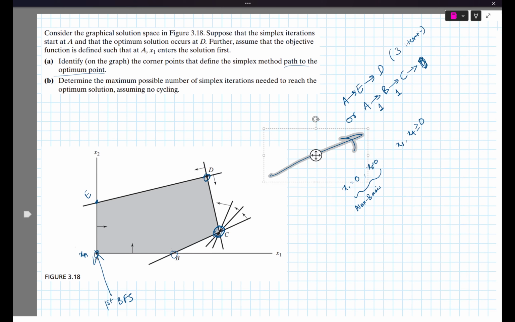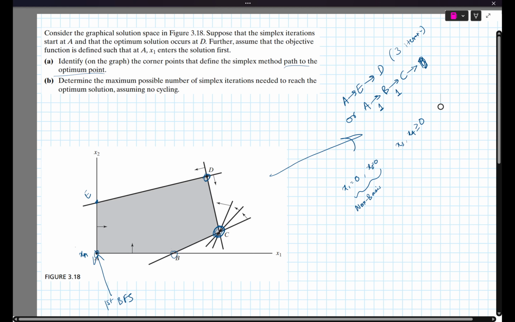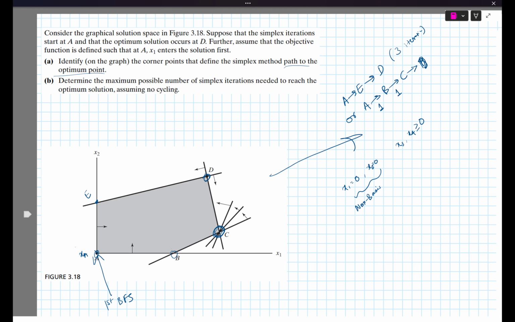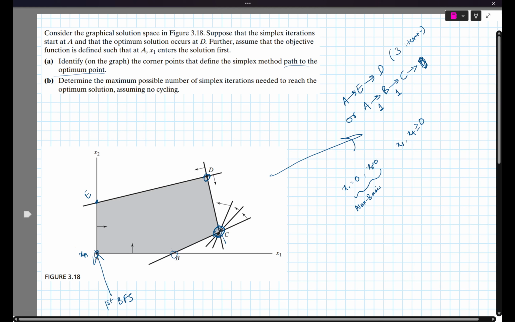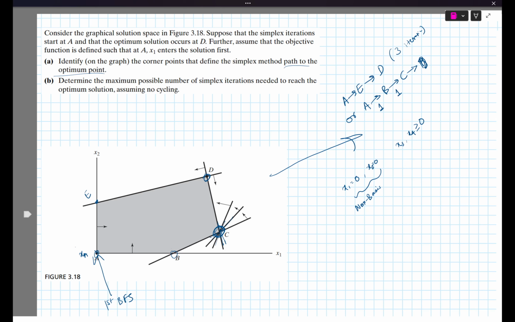While from C to D, it can iterate multiple times. In C itself it can stay a few times, because if you see, there are one, two, three, four constraints. So these lines represent constraints, right?